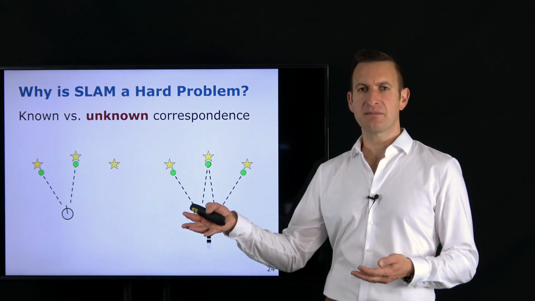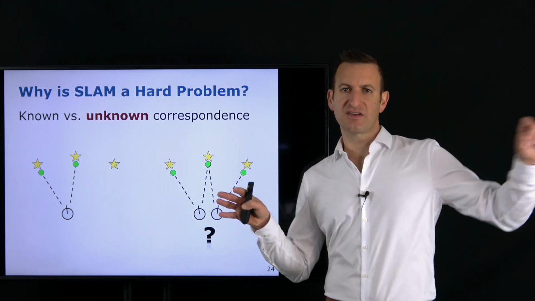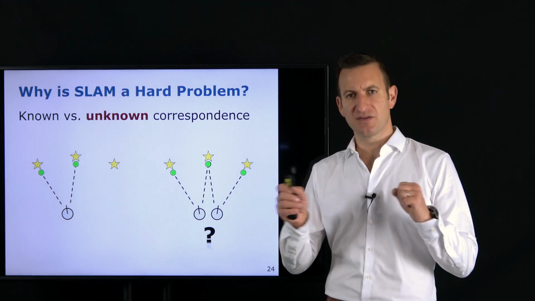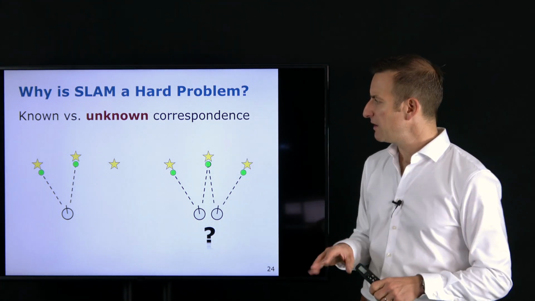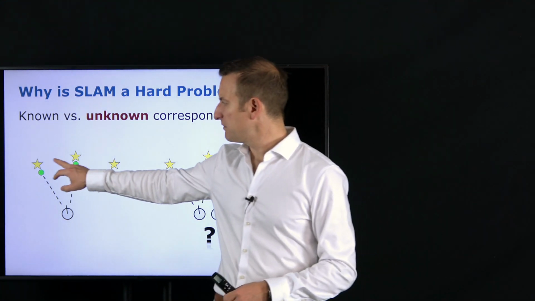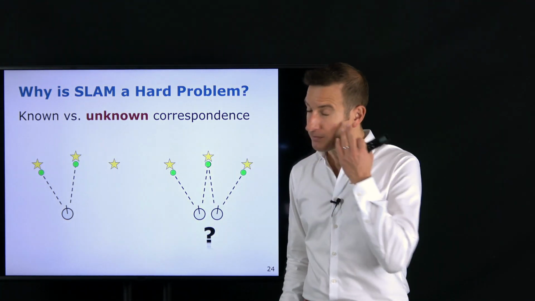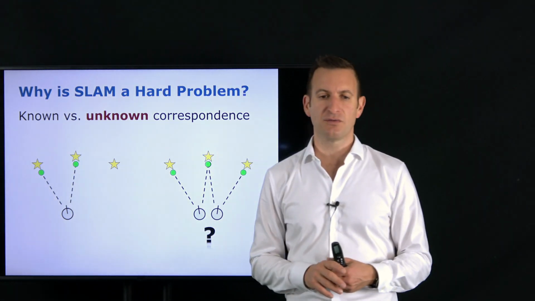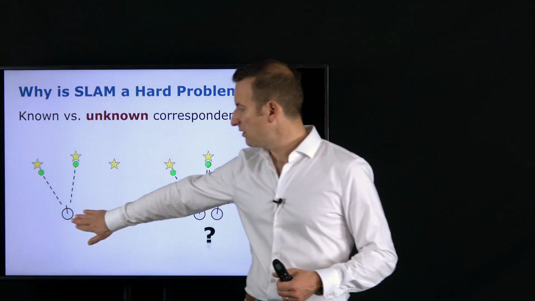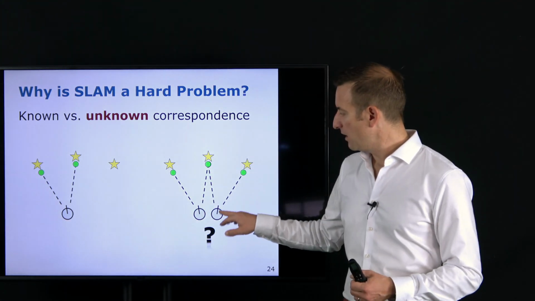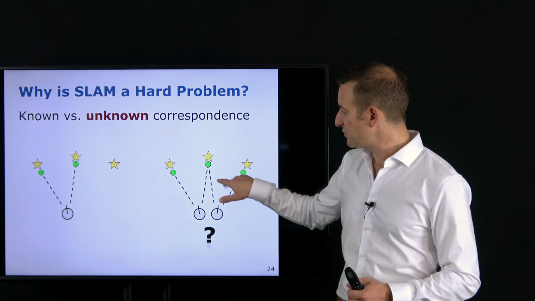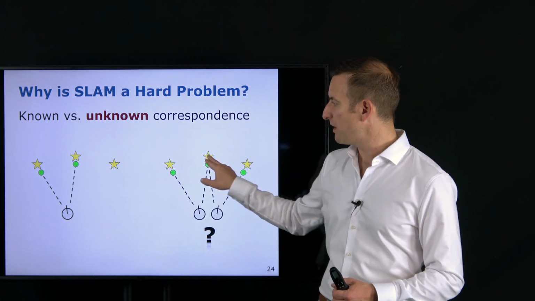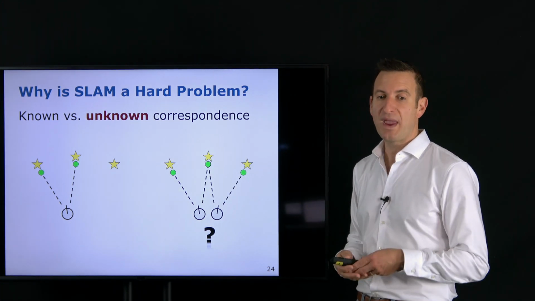If I see something in my observation, can I say, oh, this is actually this element in my map? This is what we call data association. Assuming we have 3 landmarks in the environment which look like this, and the robot currently observes 2, the green dots over here, depending on the position of the platform, those 2 observations could be created by those 2 landmarks or by those 2 landmarks. It depends where we are.